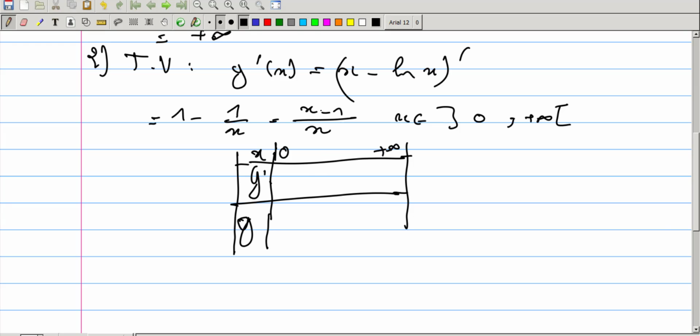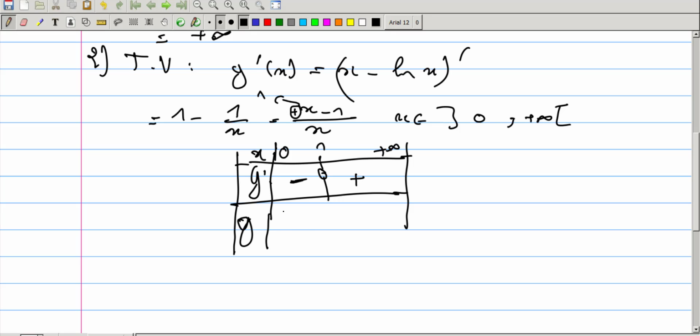So this goes to 0 when x equals 1. So we take 1, I have a 0 right here, and we put a minus sign here, because we have the number multiplied by x positive, it is plus 1. So on the right we put a plus, and we know that.